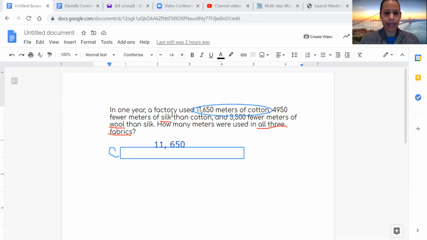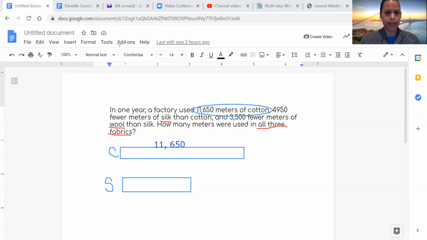Next, we're looking at the silk, and with the silk, put an S for silk. And I'll draw out what we know about the silk right here.